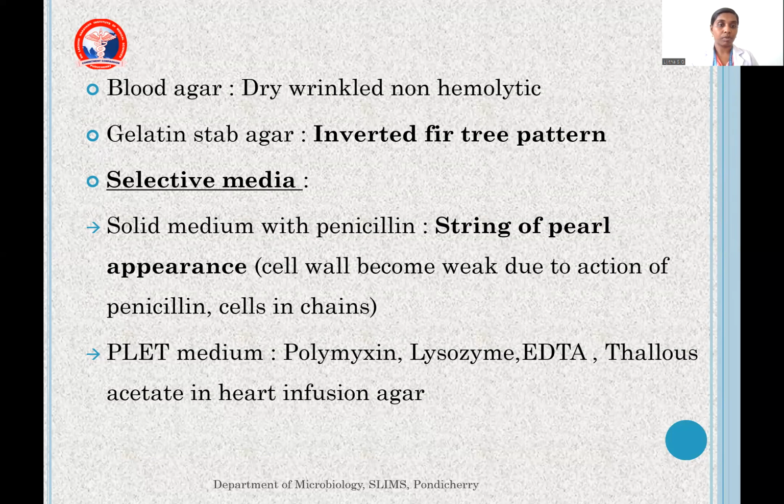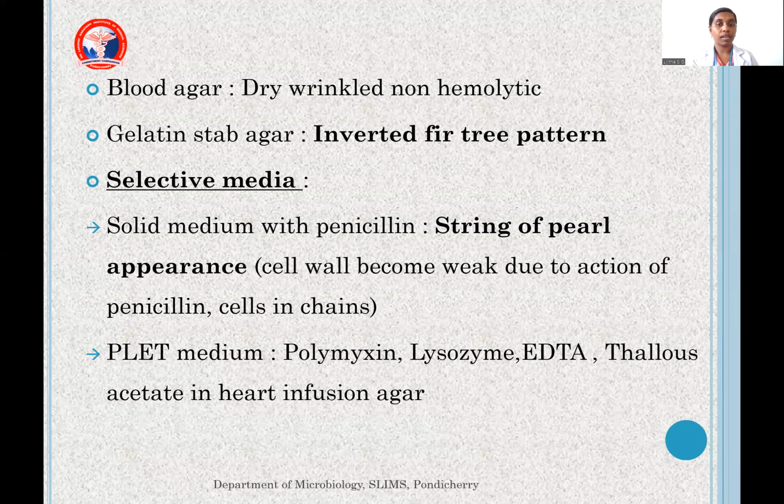You should remember the selective media: solid medium with penicillin and PLET medium. On solid medium with penicillin, by the action of penicillin, the cell wall will become weak, so the cells will enlarge and appear in chains.